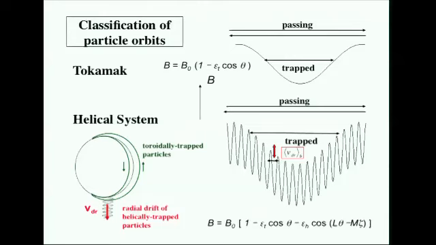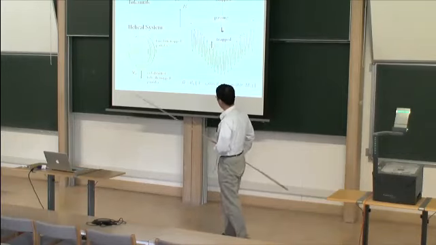And this is showing the classification of particles in tokamaks and stellarator systems. In stellarator systems, in addition to passing and toroidally trapped particles, as mentioned by Dr. Hirand, we have helically ripple-trapped particles. That is giving rise to the notorious helical ripple neoclassical transport.